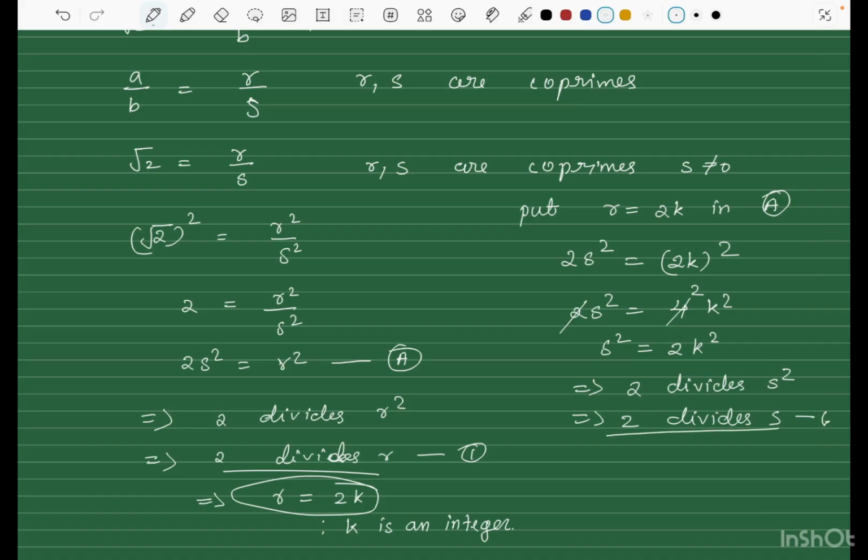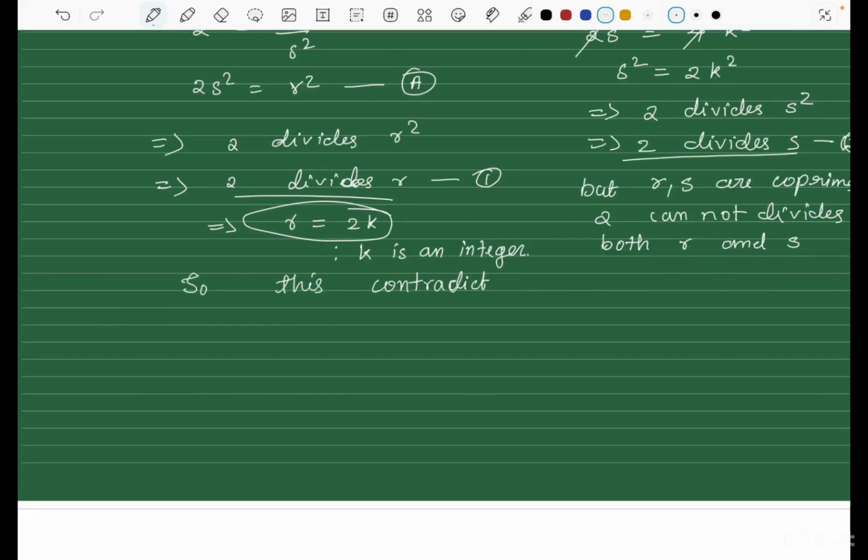s. So we get two results. 2 divides s and 2 divides r, but r and s are coprimes. 2 cannot divide r and s.